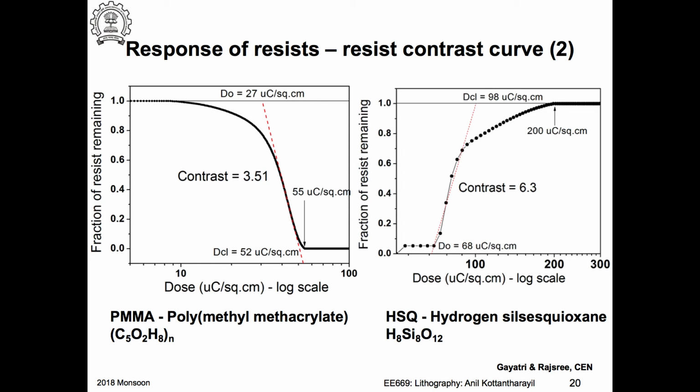So you have the modulation transfer function. We actually defined it in terms of what? Modulation transfer function was something that you had the I max minus I min divided by I max plus I min, right? Here you are essentially plotting on this axis not the modulation transfer function, but actual dose.